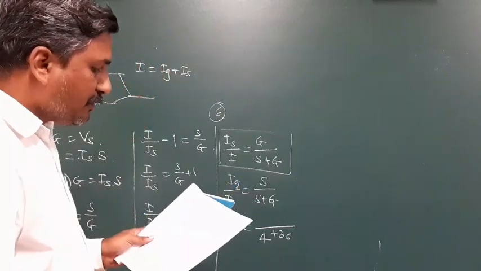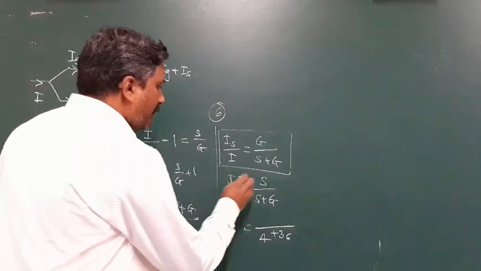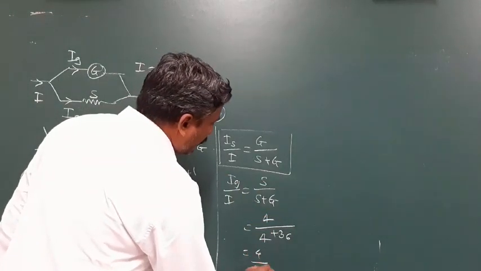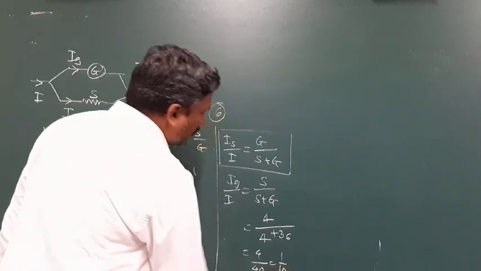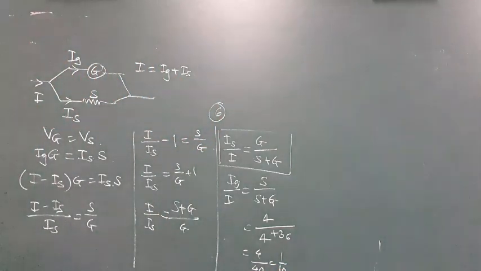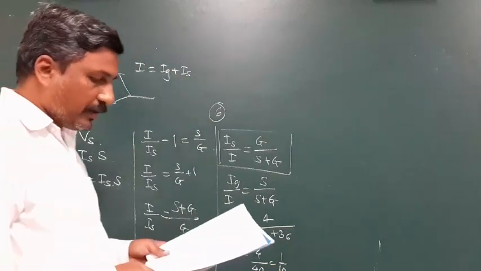The percentage of total current which passes through the galvanometer, I require this one. So 4 by 40 becomes 1 by 10. In terms of percentage, we just multiply by 100. After multiplying by 100, we get the correct answer. The answer is 10%.